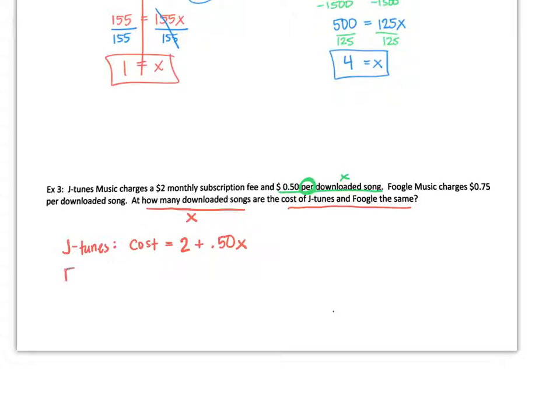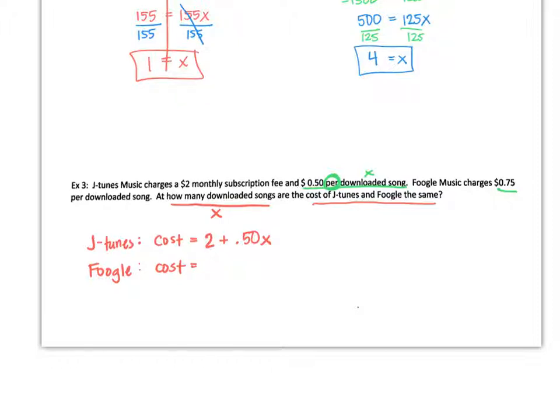The cost for Fugal Music. This one's a little bit more simple because it just says they charge 75 cents per downloaded song. Again, that per downloaded song means that there's no monthly subscription fee, so we're not adding anything to it.